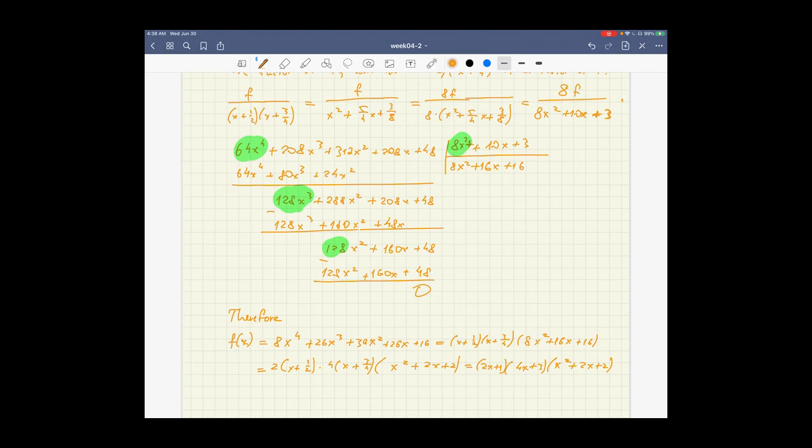So if f has zeros other than -1/2 and -3/4, those zeros must be the zeros of this quadratic polynomial x squared plus 2x plus 2. So what's left to do is to see if there are any roots of this polynomial. But we see this polynomial has no real roots.